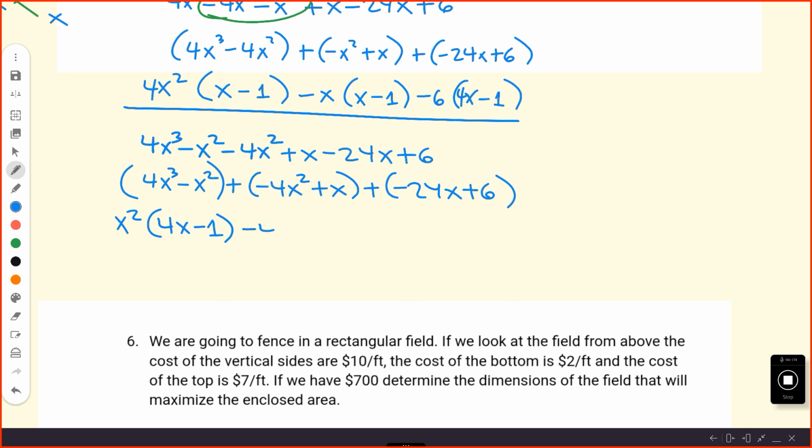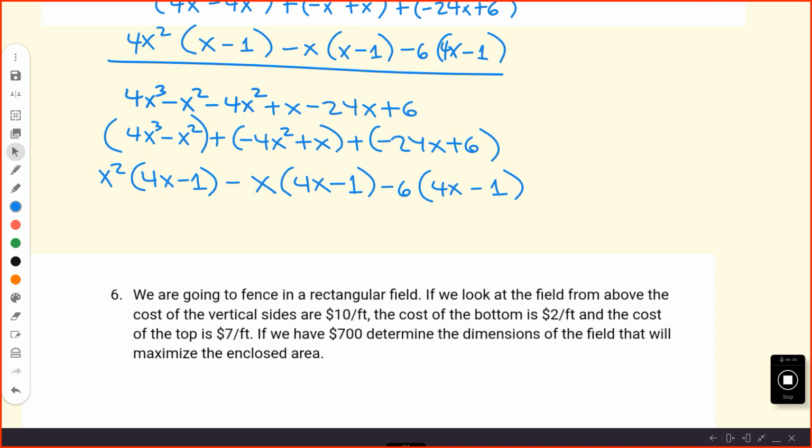If this is -4x, just -x, and this is going to be the same thing, 4x minus 1. And then take out the -6, and that's going to be 4x minus 1.